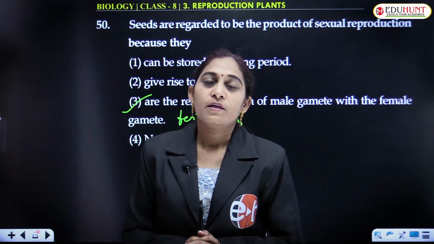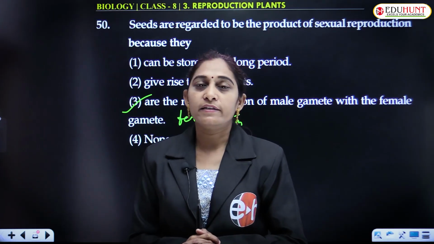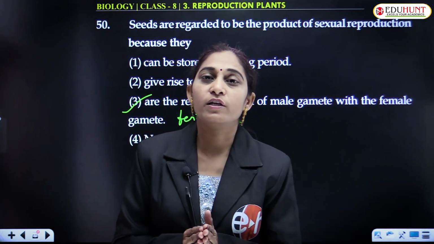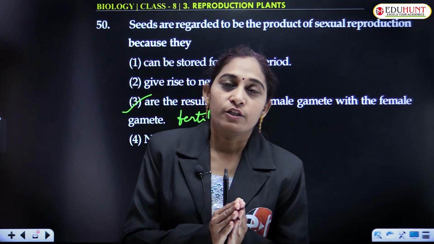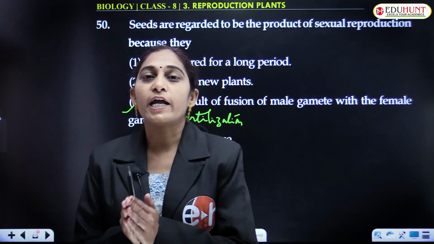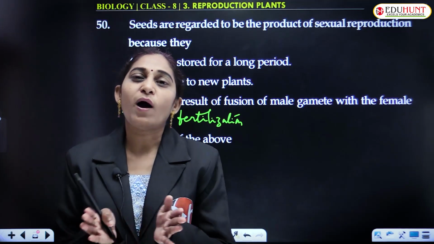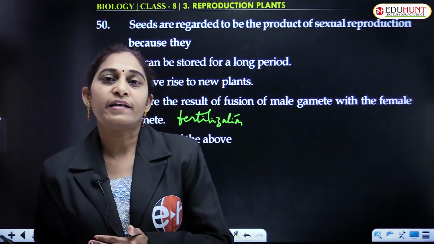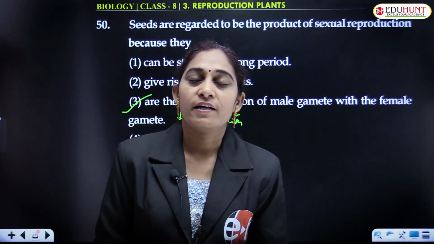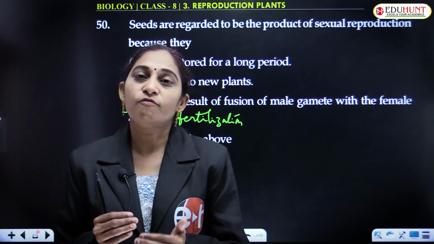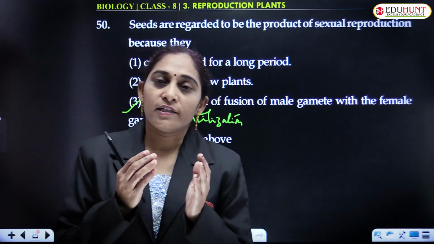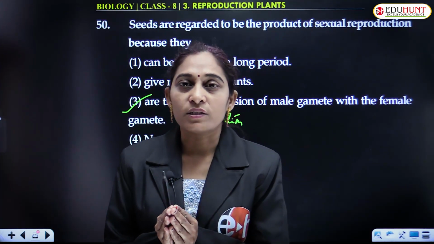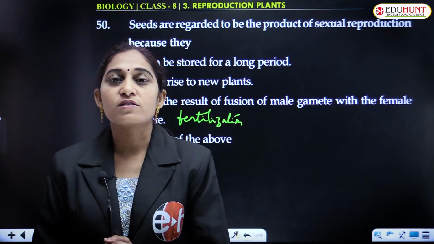I said, if you learn things clearly at the learning stage only, you should learn without any doubt. If you have a doubt, you refer to the video many times, rewind it, follow the video, keep the books in front of you and make notes on the lesson, on the concept.